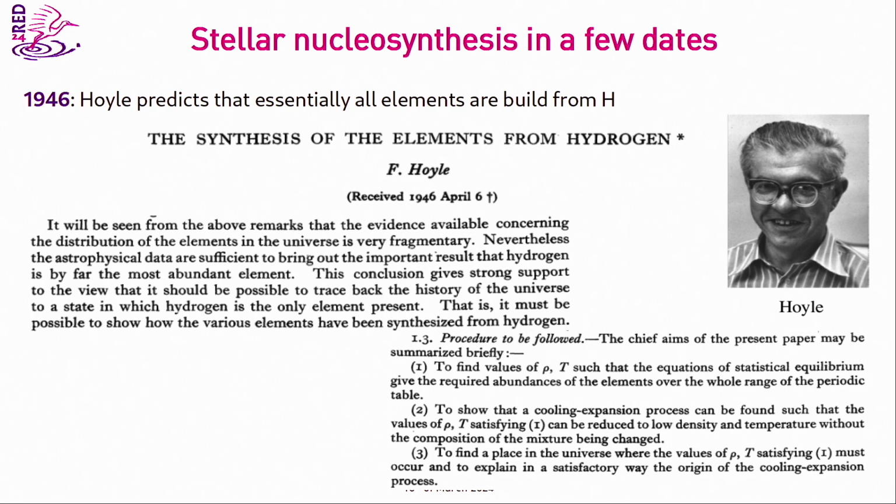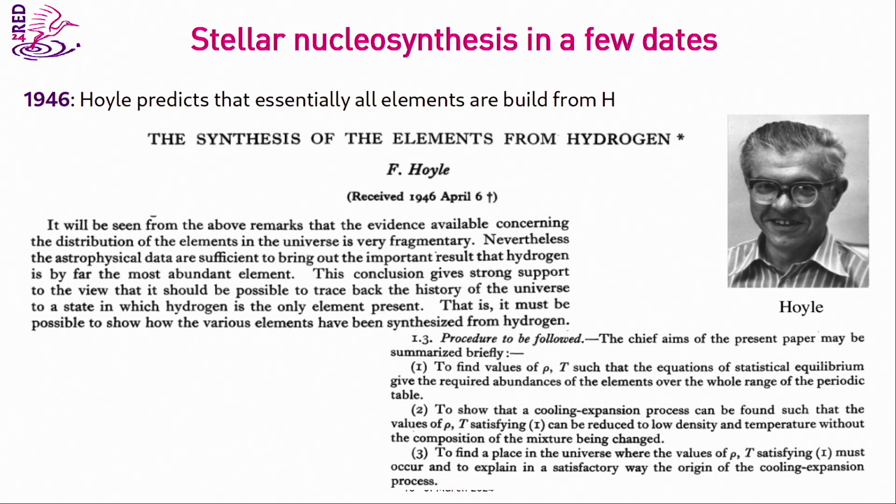Hoyle said that all the other elements should also be formed continuing this chain. And it's a very interesting paper, because we don't write papers this way anymore. But he sets out a scientific method for advancing that there should be nuclear reactions that allow building the heavier elements from hydrogen.